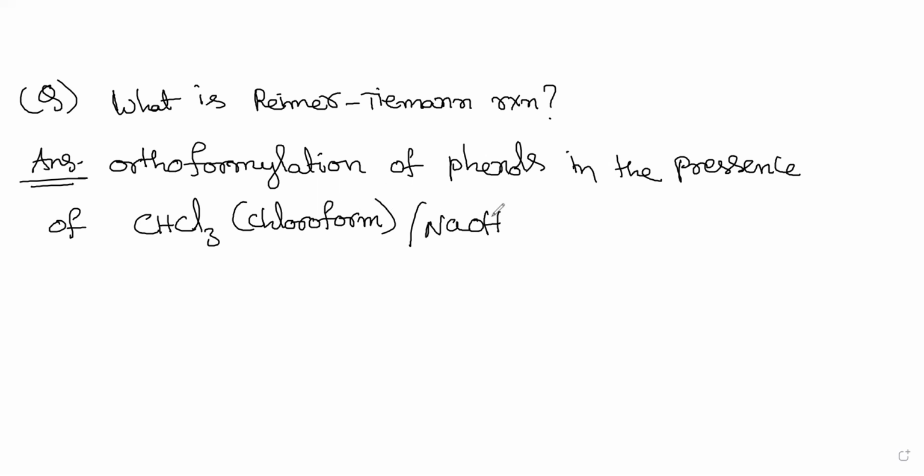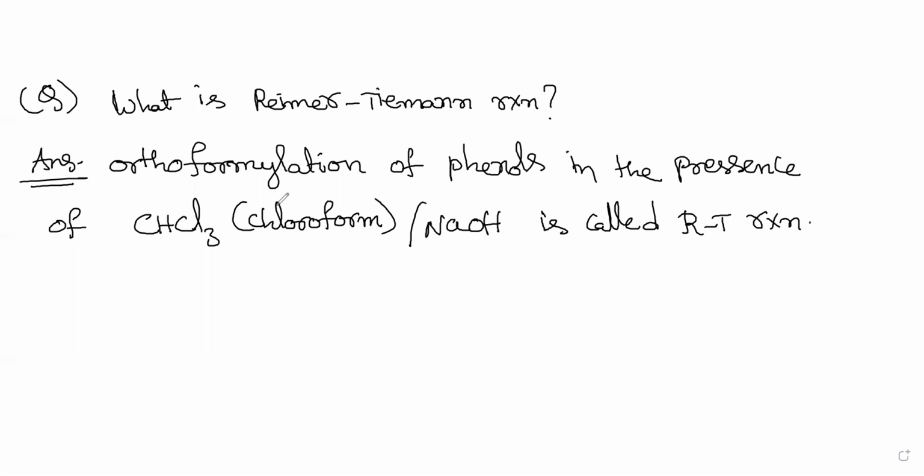So ortho-formylation of phenols in the presence of CHCl3 and NaOH is called Reimer-Tiemann reaction. This is the actual definition.